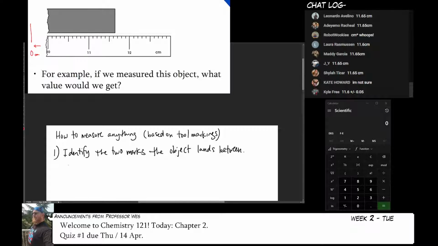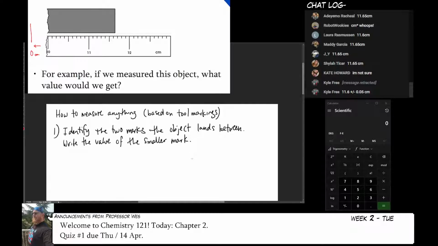And then what you'll do with that is write the value of the smaller mark. All right, so that's step 1.